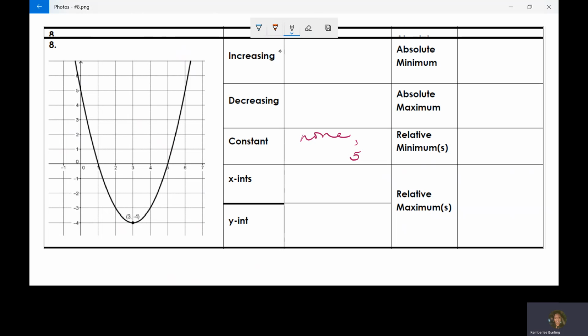Moving on now, I'm gonna label my picture, y'all. I'm increasing over here, right? And I'm decreasing over here. Right? So at what point does my graph begin to increase?